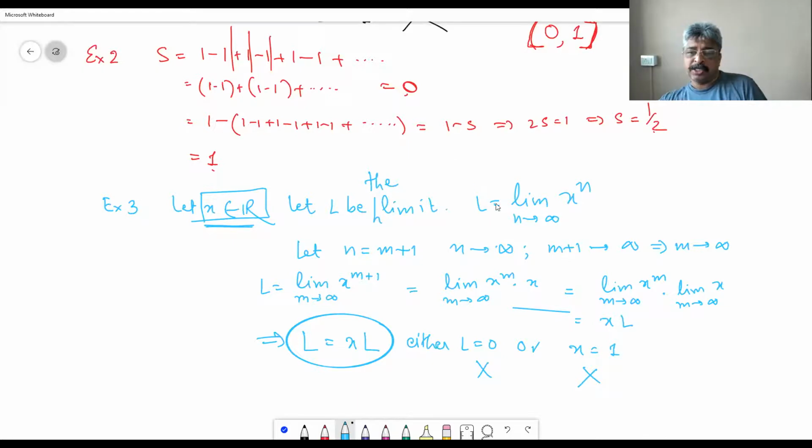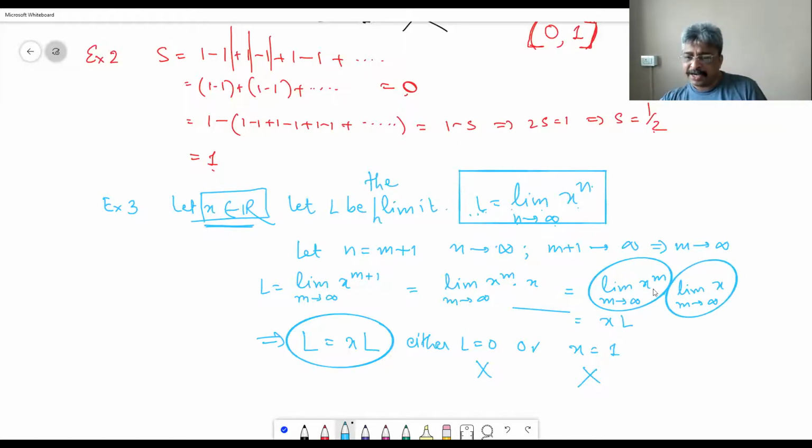Suppose that is what is given here. If possible, capital L is equal to limit of x raised to n as n tends to infinity. It is given that this limit is L and it is not plus infinity or minus infinity or does not exist. Suppose this is given, then I can always replace. I am using that rule because both these limits are finite.